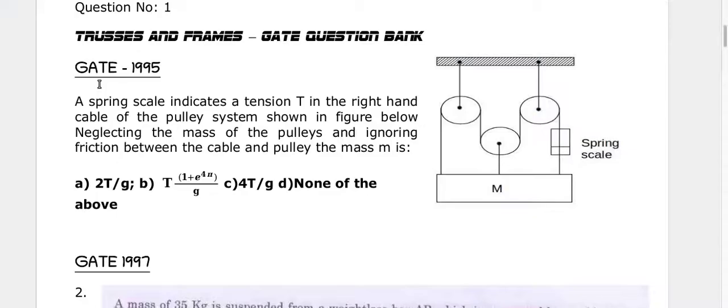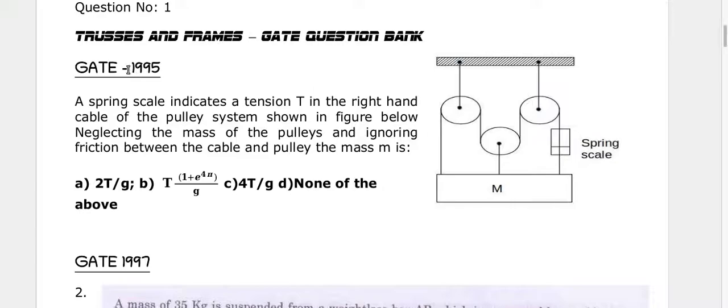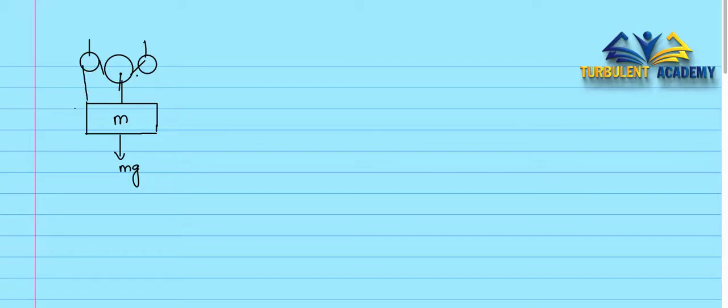It's not to scale, just for the sake of understanding. Okay guys, so this comes like this, and this goes like this. They have given T over here, so T is over here. They have given 2T over here, and there is a spring scale here which is marked T.